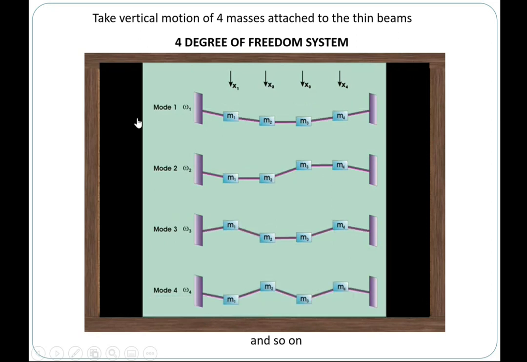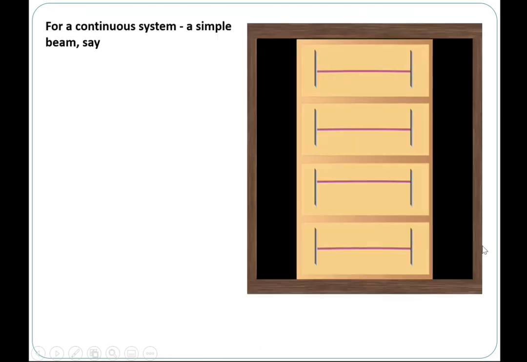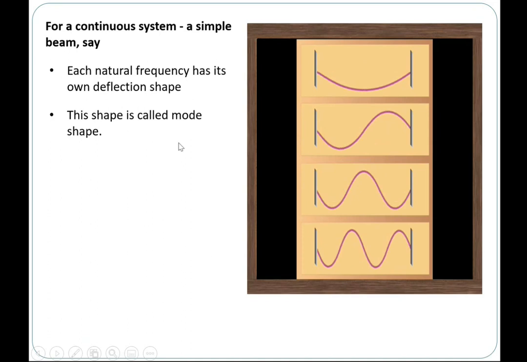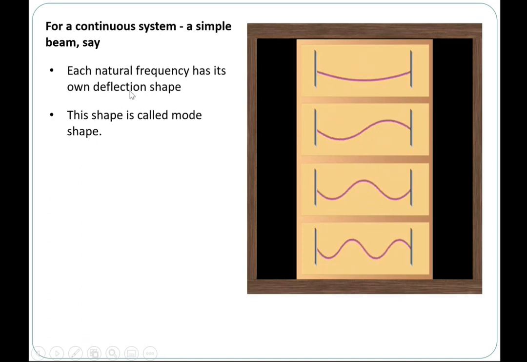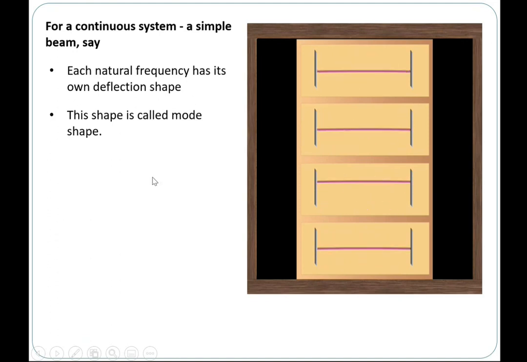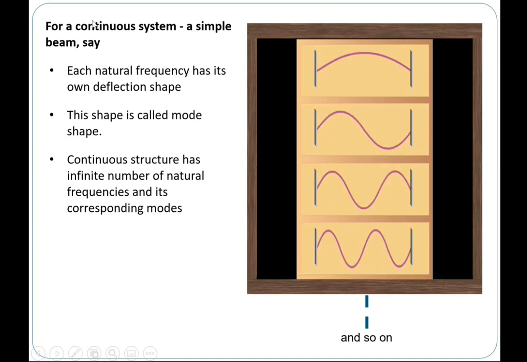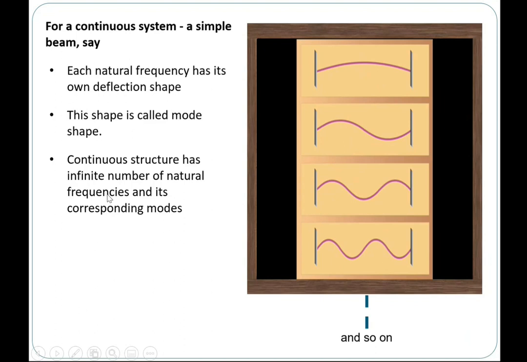Each natural frequency has its own deflection shape, or what we call the mode shape. So for continuous beams like this, you have an infinite number of natural frequencies and their corresponding mode shapes.